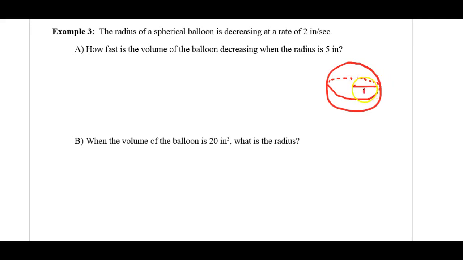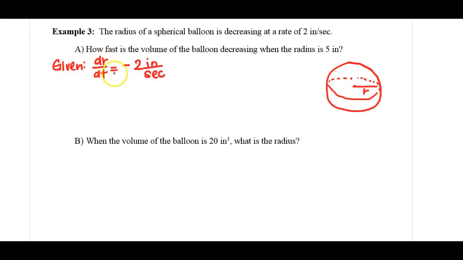So it's supposed to look like a sphere, and we're interested in labeling the radius. So the radius is going to be r. And we're told that the radius is decreasing at a rate of 2 inches per second. So we want to write down our given. We've been given dr/dt is negative because the radius is decreasing at a rate of 2 inches per second.